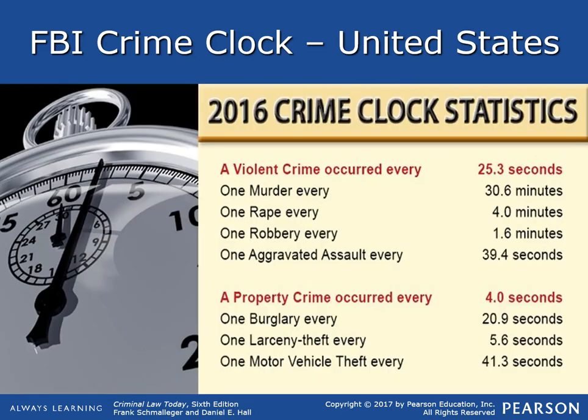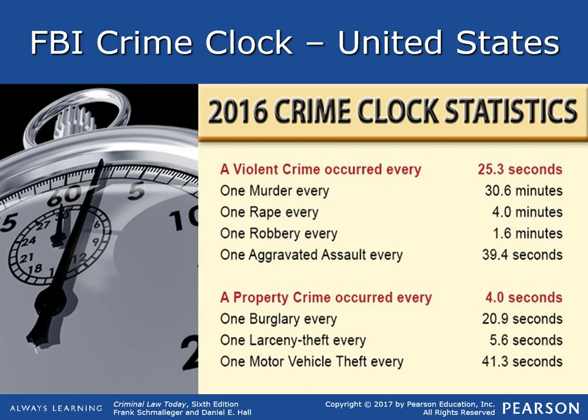And I want to start off by introducing you to the FBI crime clock. Now, the FBI is the clearinghouse for Part 1 crime statistics for the United States, and therefore every state in the U.S. is required to submit their Part 1 crime statistics to the FBI Uniform Crime Report, if you will.